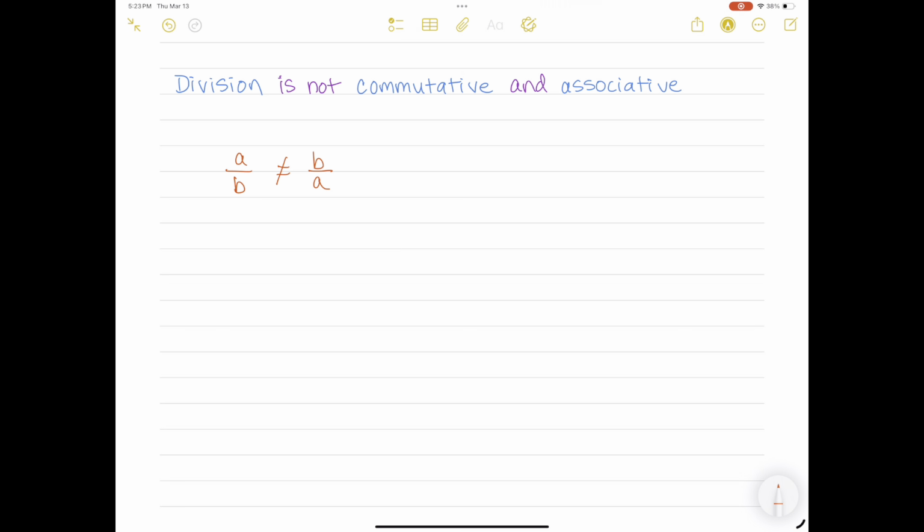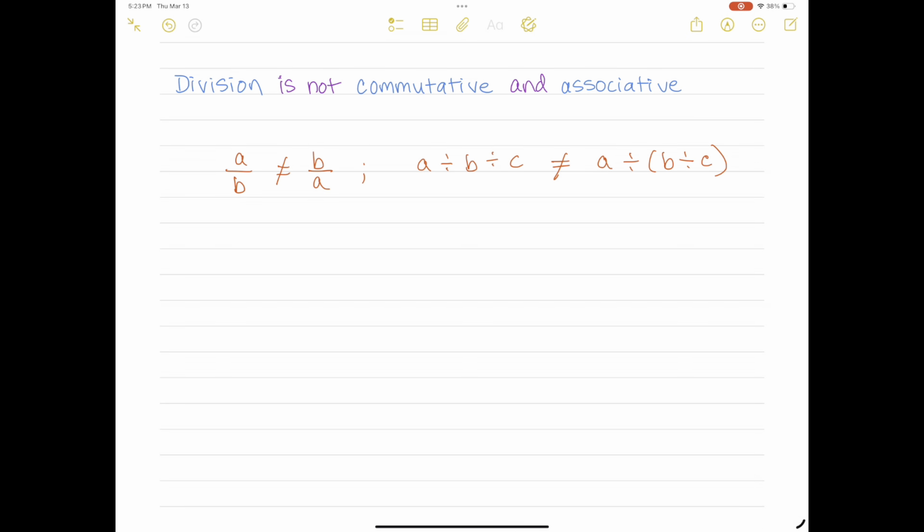And that is what we mean by division is not commutative. When we say division is not associative, we mean a divided by b first and then divided by c does not equal first taking b divided by c, the quotient of that, dividing that back into a.